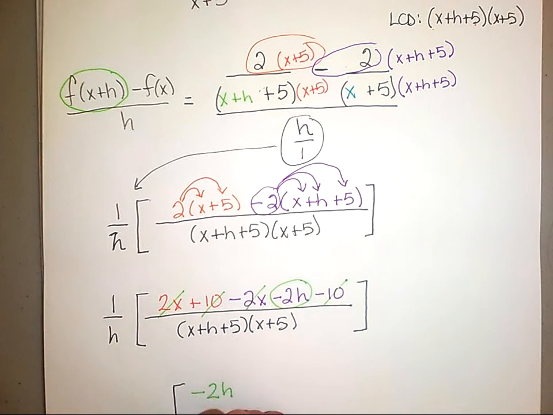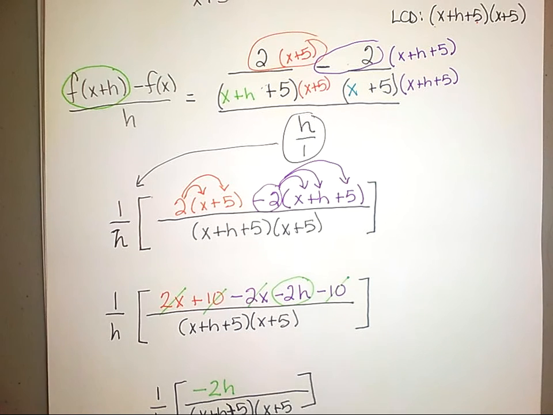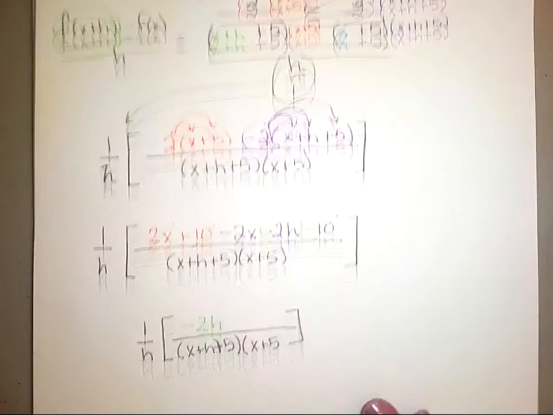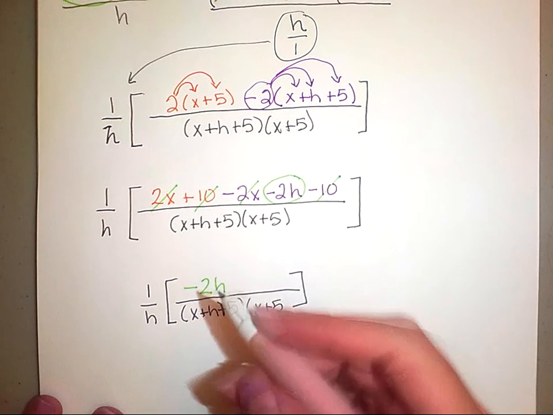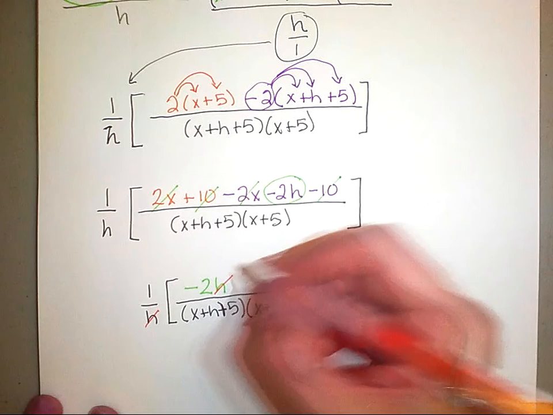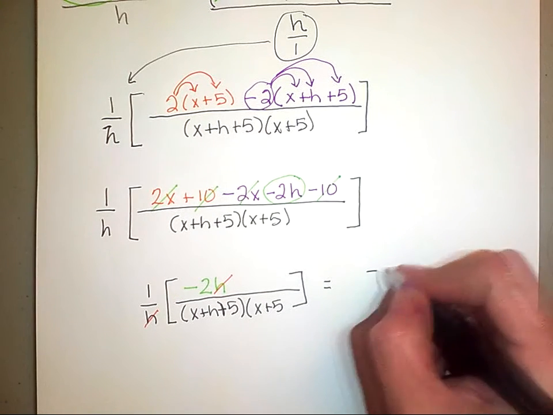And again, we'll have a lot of nice things happen for us. Here's 2x subtracting 2x. Here's 10 subtracting 10. So the only thing we have left is negative 2h. The 1 over h is still outside here, over x plus h plus 5 times x plus 5.